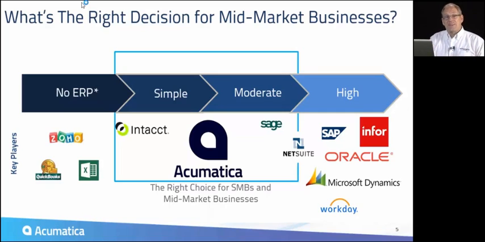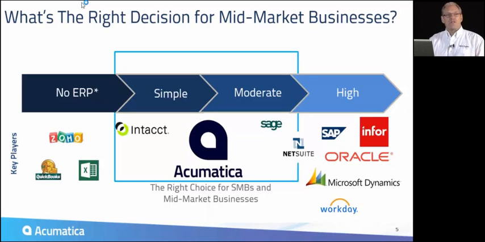But interestingly, as soon as we come up with a definition, we find a customer who blows that definition out of the water. We find a small customer who's decided, because they really like the way that Acumatica works, even though their business processes are very, very simple, they've made a decision to purchase Acumatica because they want to be in a situation where the software they purchase today will be there as they grow going forwards.